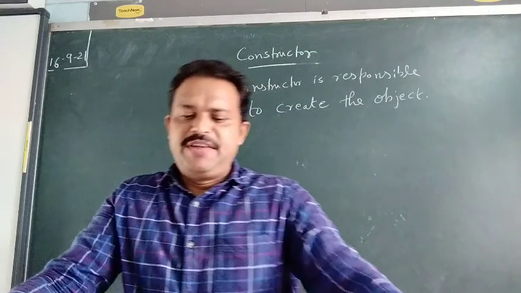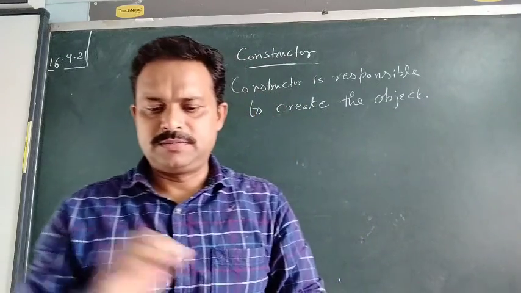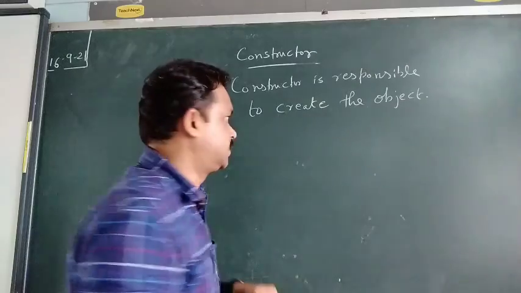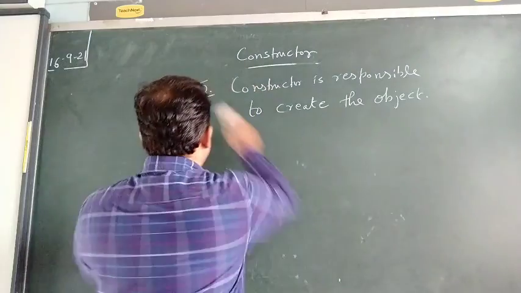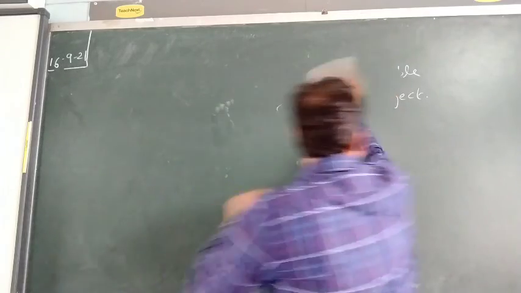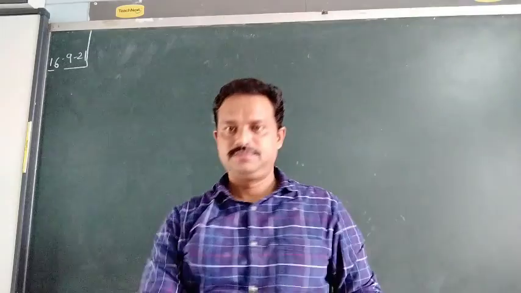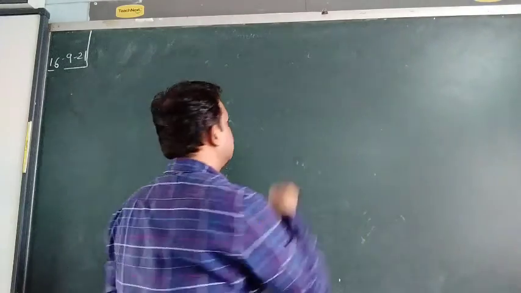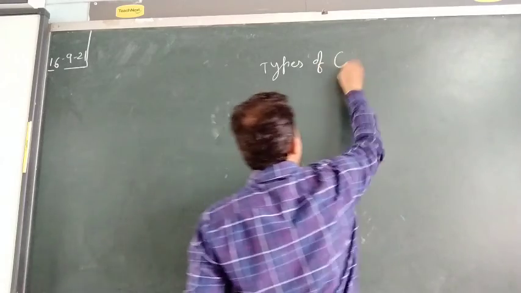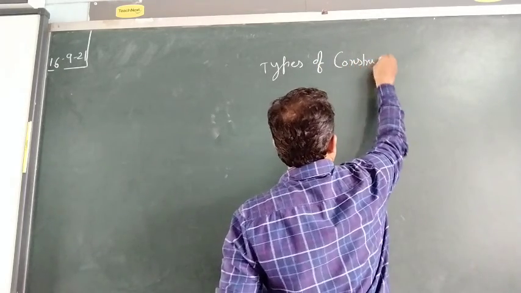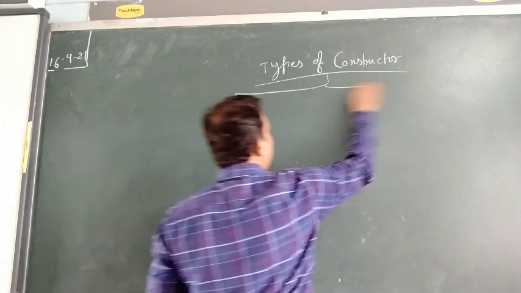The next topic is that we have different types of constructor also. Let us discuss what the types of constructor are. So we have a next heading: types of constructor. We have 2 types of constructor.